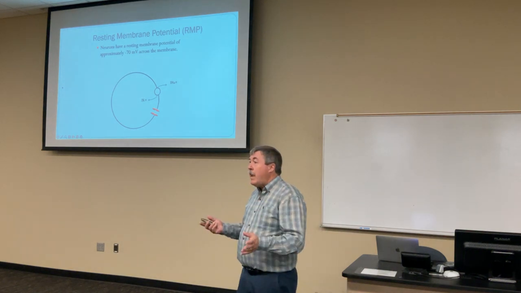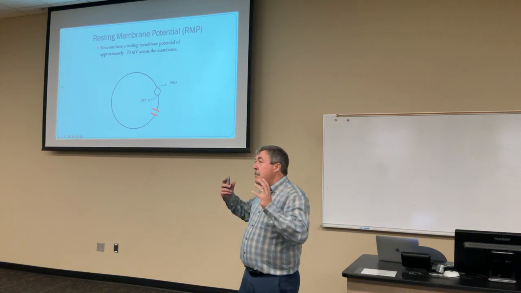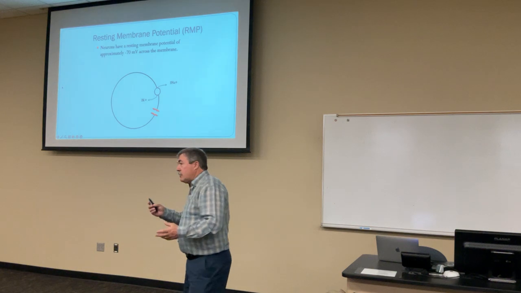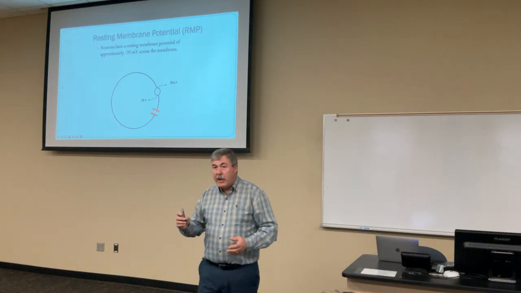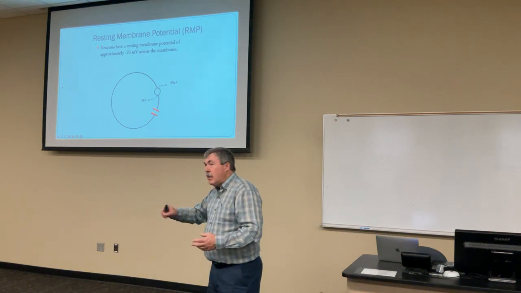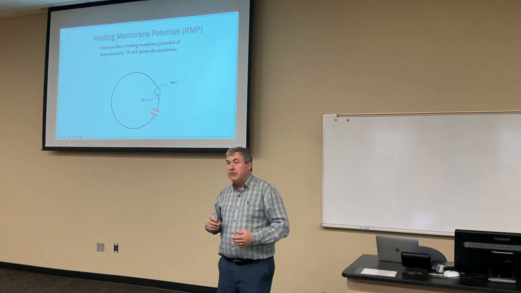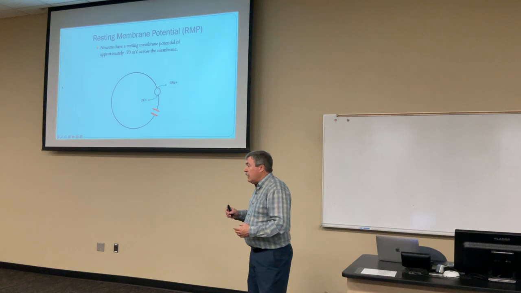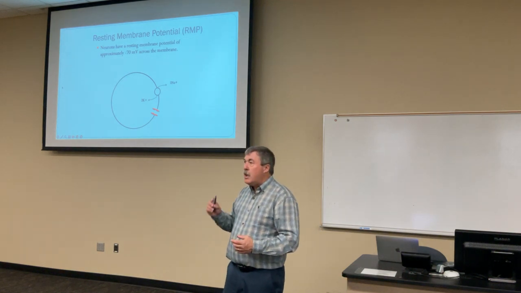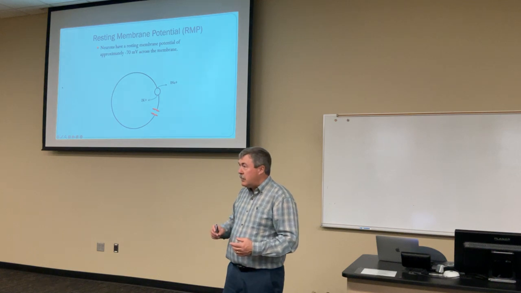Now, the way that membrane potentials are measured is you can stick a very fine probe through the cell membrane of the neuron. And so membrane potentials are always measured on the inside of neurons.